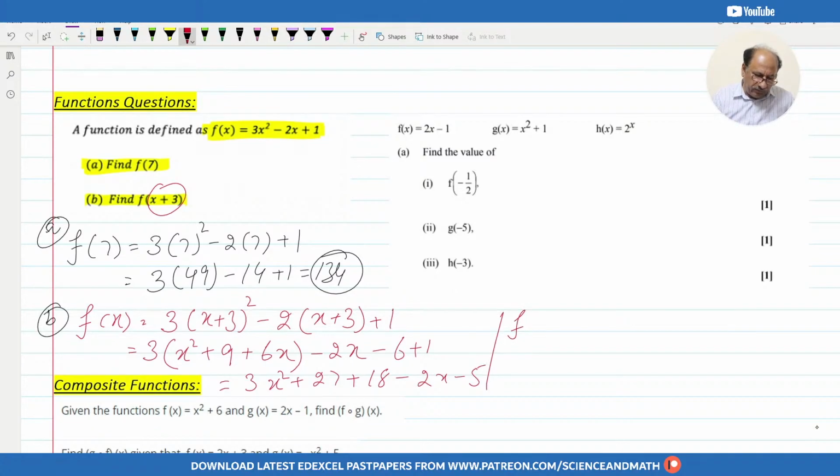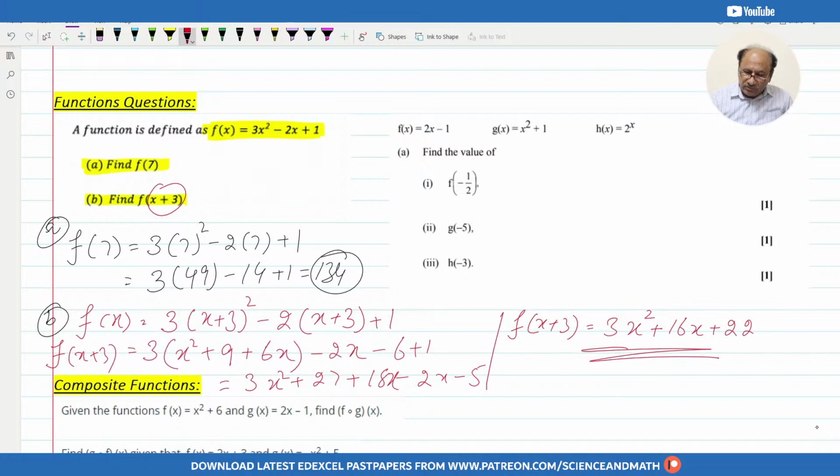So f of x plus 3 will result in, now we can add the like terms, 3x squared, and this should be 18x over here, and we missed an x, so this will be 18 minus 2, which is 16, so plus 16x, and 27 minus 5 will be 22, so plus 22.